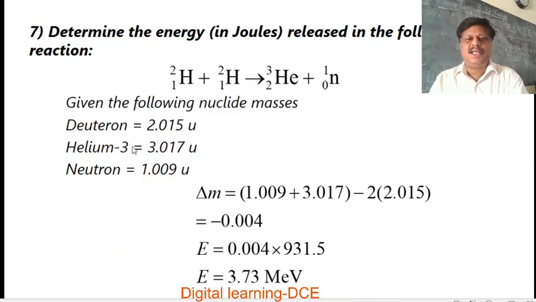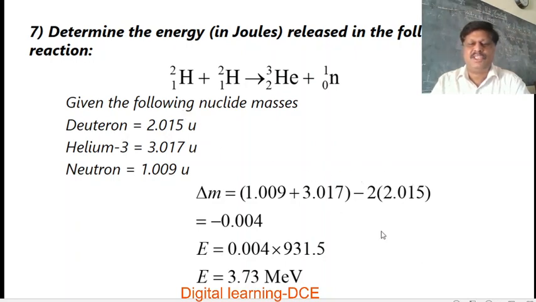So to calculate the energy in joules, you have to determine the mass defect. Mass defect is equal to the total mass of the products minus the total mass of the reactants. The total mass of the products is the mass of the neutron plus the mass of the helium-3 nucleus, that is 1.009 plus 3.017, minus the mass of the reactants, that is 2 into the mass of each deuteron, 2.015 atomic mass unit.